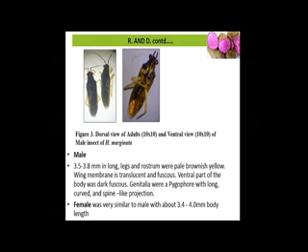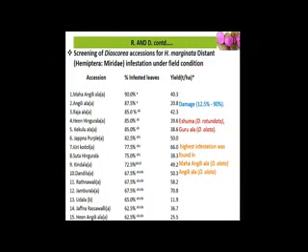This was the screening of Dioscorea accessions for this pest infestation under field conditions. We screened 33 accessions, and all were susceptible to this pest. More infested leaves were observed in Dioscorea palata. Damage symptoms varied from 12.5 to 90%.